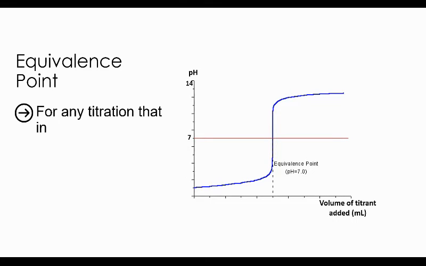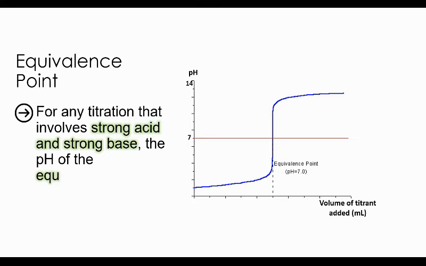The second important element in a titration curve is the equivalence point. For any titration that involves strong acid and strong base, the pH of the equivalence point is 7.